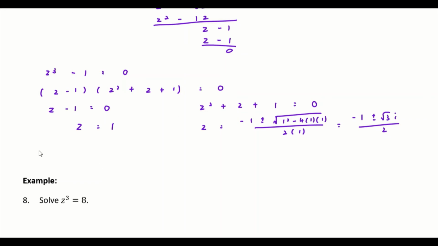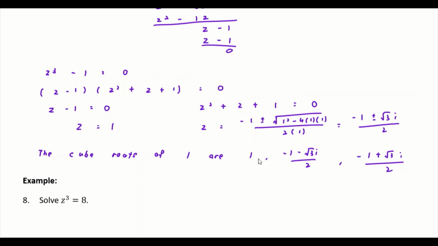So the cube roots of 1 are 1, then negative 1 minus square root 3i over 2, then the other one is negative 1 plus square root 3i over 2. So actually you have 3 answers for the cube root of 1. Okay, so that's the idea.